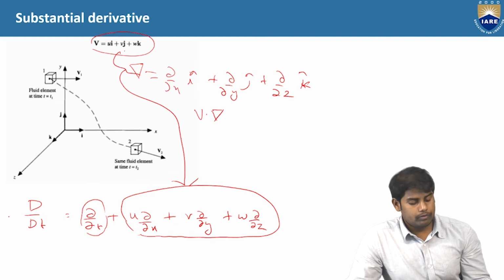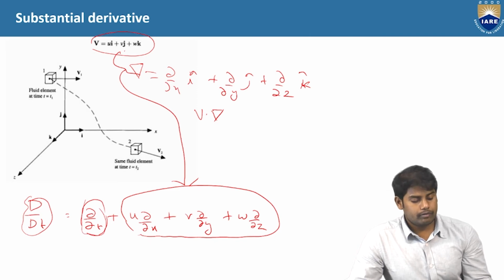So this material derivative, or the substantial derivative, is written in the form of the local acceleration term and the convective acceleration term. Here you can see it is applicable for any parameter. Previously we had seen it for density, so now we can write it for temperature.